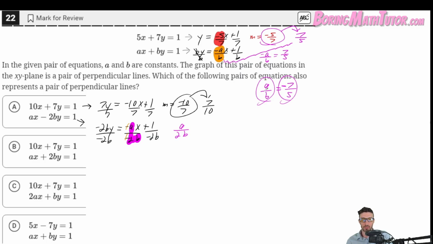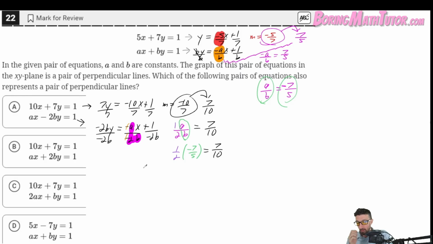And I'm trying to find out if that is actually going to be able to equal 7 over 10. Well, what did we say about a over b on its own? We said that it's supposed to equal negative 7 over 5. So where I see this a over b, I can replace it with negative 7 over 5. Now, I would still need to put a 1 here so that I can treat this as 1/2. And now, is that coming out to 7 over 10? Well, no, this side is going to be negative, the right side is going to be positive.